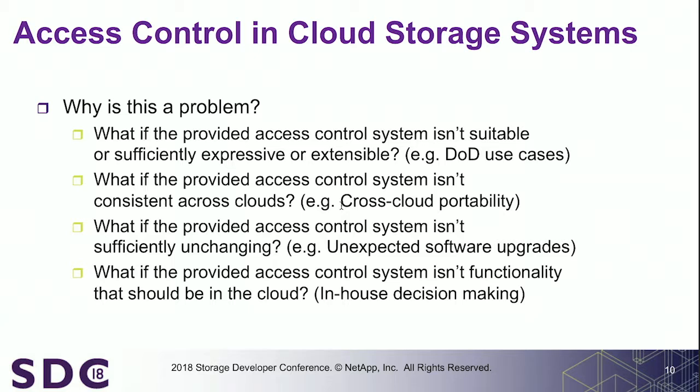You don't have this certainty because you're relying on another provider that has their own release schedule and are pushing builds all the time. If you want to have control over that in a consistent way that only changes when you allow it to change, you may want to bring that back in-house. You may want to control the access control process.